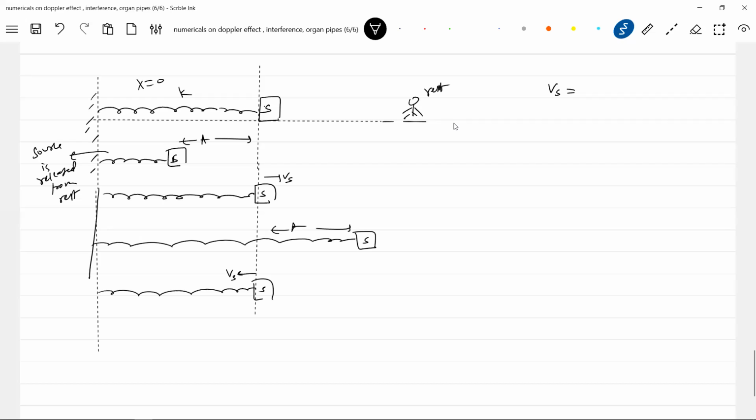Velocity of the source at mean position should be equal to A omega. What is omega? Omega is equal to the square root of K by M. Then what is the Doppler effect? Now it will generate a wave. Let me bring in a person.